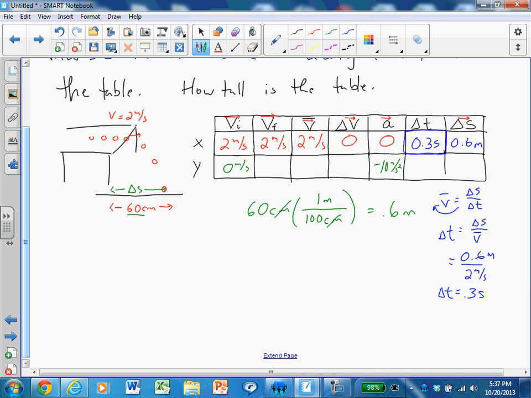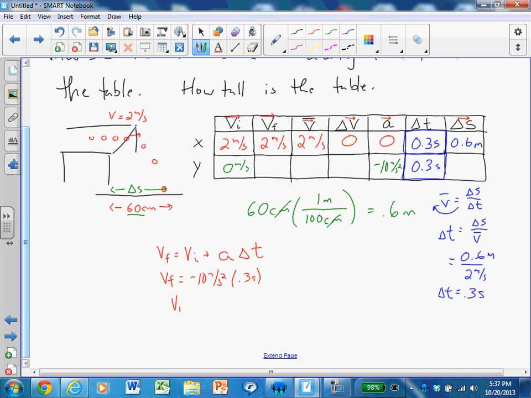If you remember, that's the same as the time in the y, since it's the same marble that's going in the y and going in the x. So now we've got a and delta t in the y, and you might remember this equation, Vf equals Vi plus a delta t. And so Vf would equal minus 10 meters per second squared times 0.3 seconds.